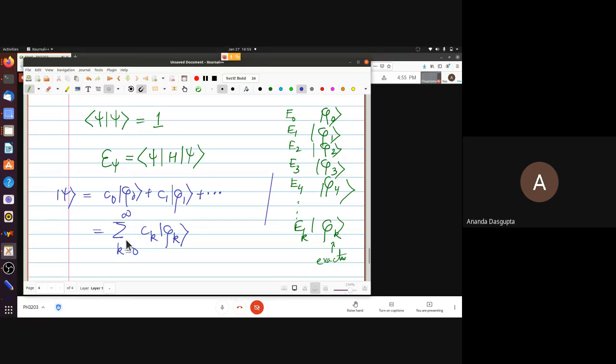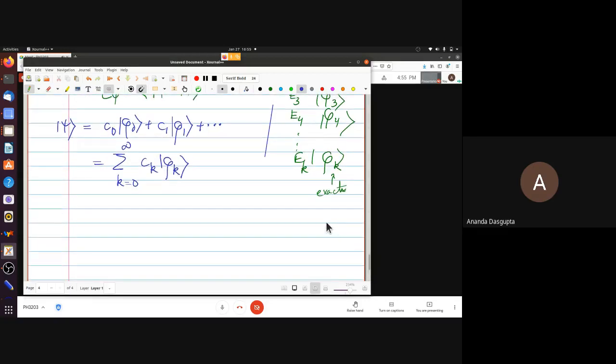Of course, this sum really does not mean a sum. It means a sum over the discrete countable part and an integral with appropriate weights and measures over the continuous part. But for the time being, this is good enough for you to understand what we are saying. Any wave function can be expanded in terms of the energy eigenfunctions. That's the completeness theorem.